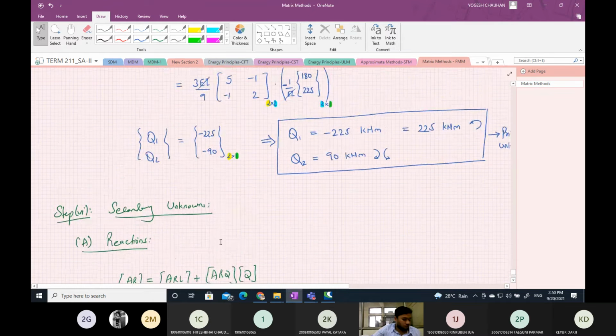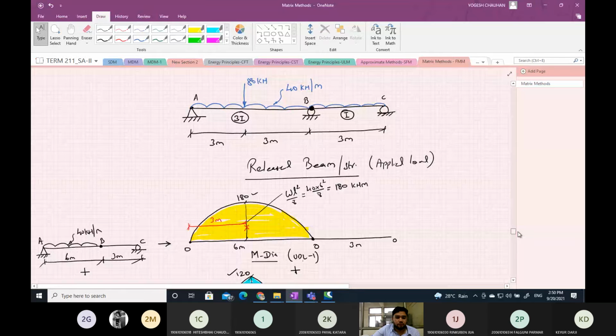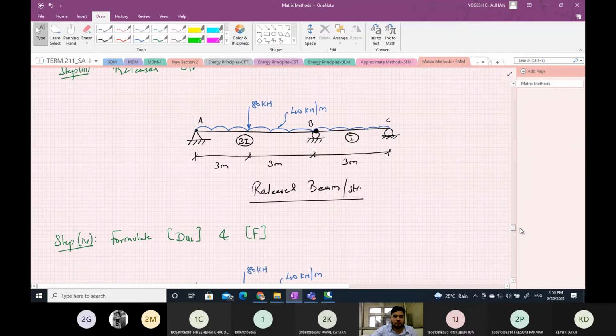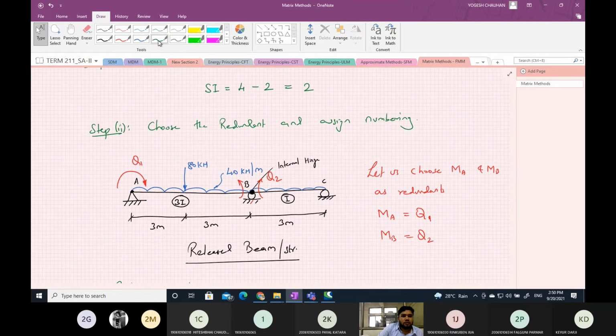here we have three reactions. Okay, in the release diagram we have three reactions. They are, let us say, ARL1, ARL2, ARL3.